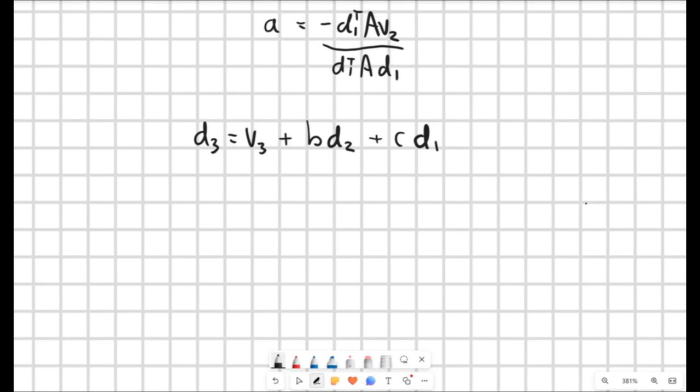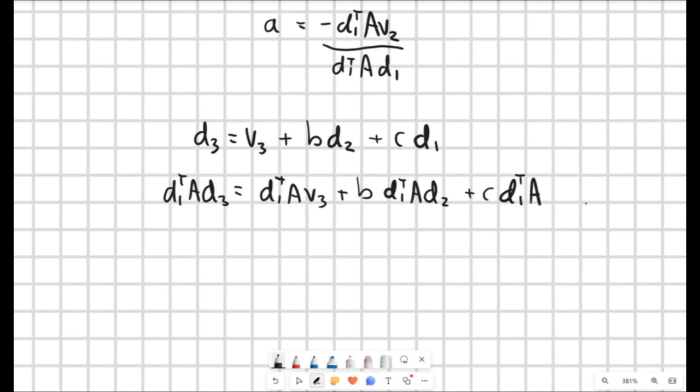I'm going to start off by pre-multiplying by D1 transposed A across all of these. So D1 transposed A times V3 plus a constant times D1 transposed A D2 plus a constant times D1 transposed A D1.